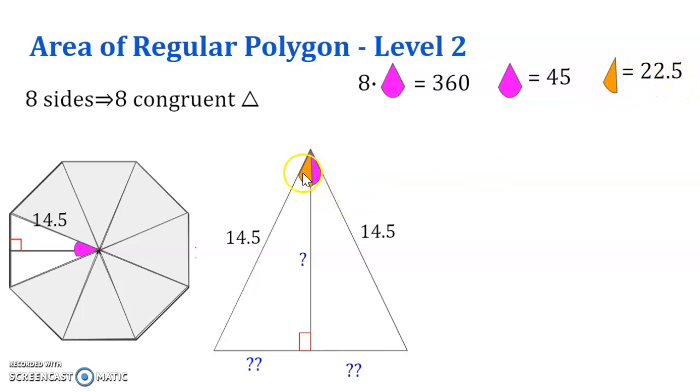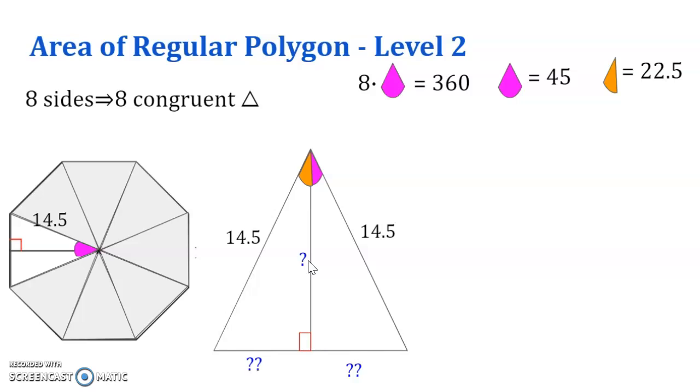Now, if I know the angle measure here, and if I know the hypotenuse of the right triangle, can we figure out the other side length? Yes, we can, and that's where the trig ratios come in. If I was to figure out the height of this triangle relative to this angle measure of 22.5, this is going to be the adjacent side.